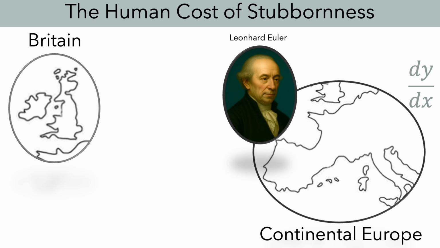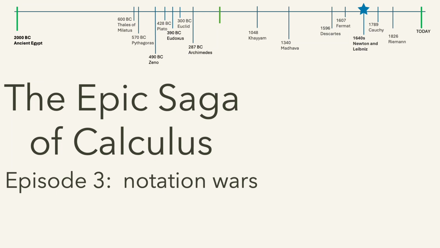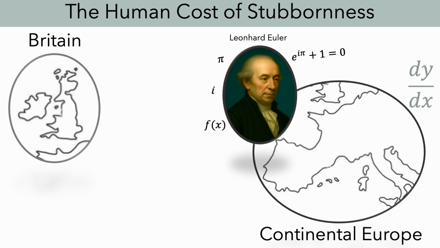Euler used Leibniz's notation throughout his career, just cranking out mathematical discoveries at an almost superhuman pace. He could work so efficiently partly because Leibniz had given him such a powerful symbolic tool. And fun fact, Euler was actually blind in his later life, but we'll get to him in future episodes.